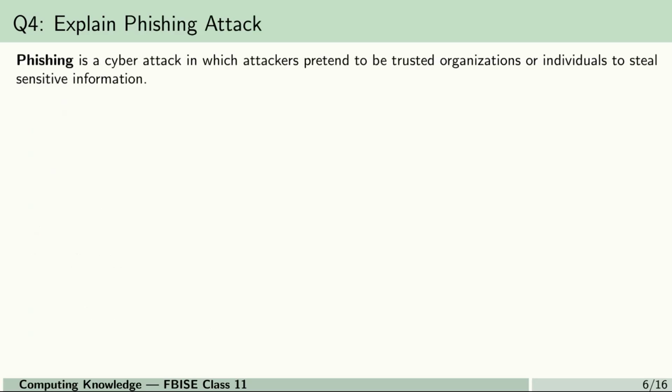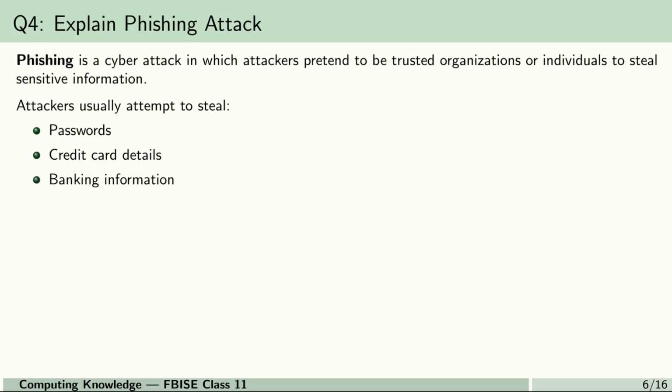Explain phishing attack. Phishing is a cyber attack in which attackers pretend to be trusted organizations or individuals to steal sensitive information. Attackers usually attempt to steal passwords, credit card details, banking information, and personal information.